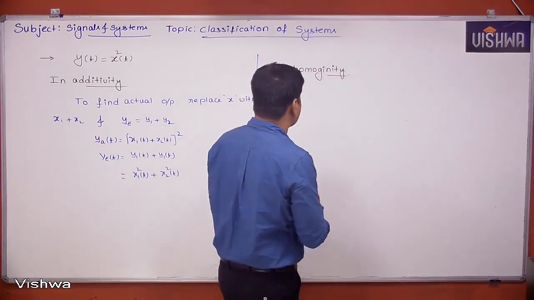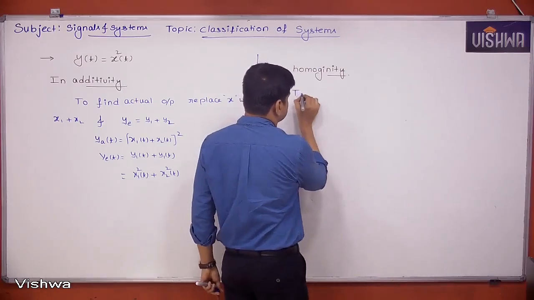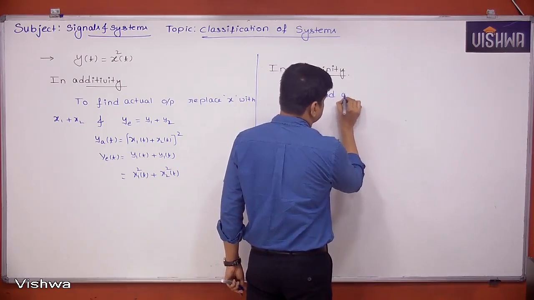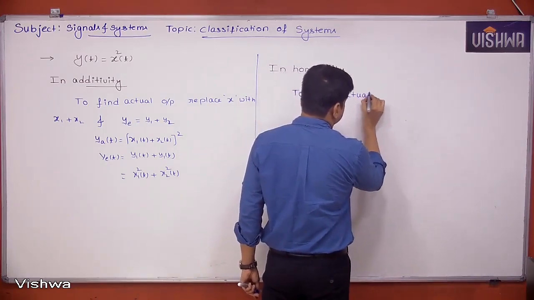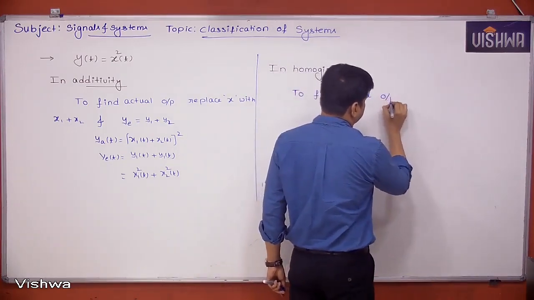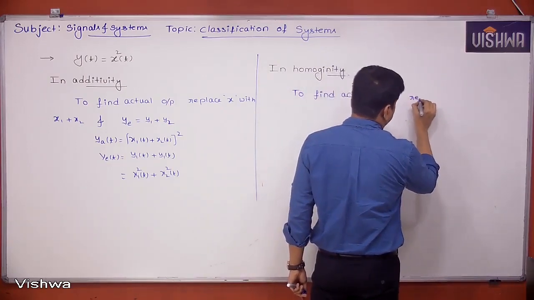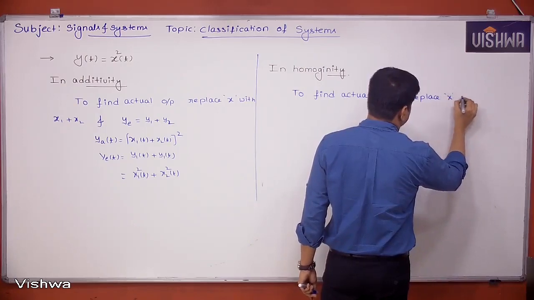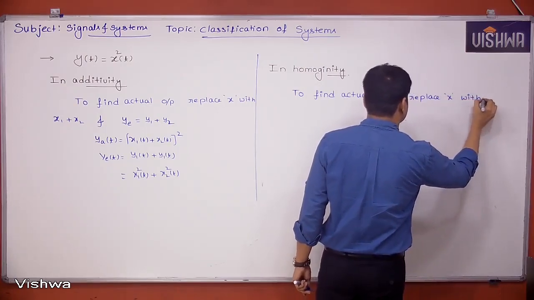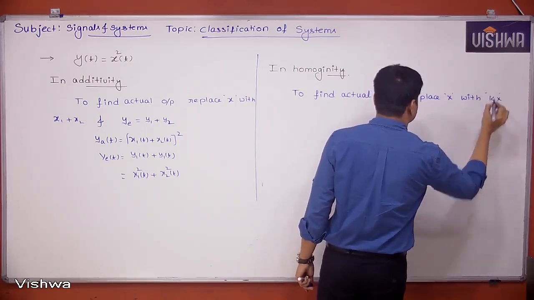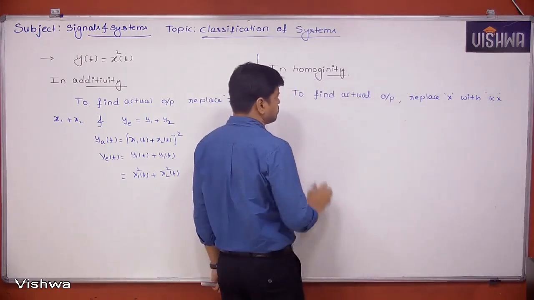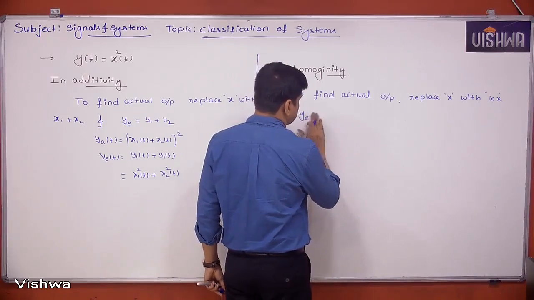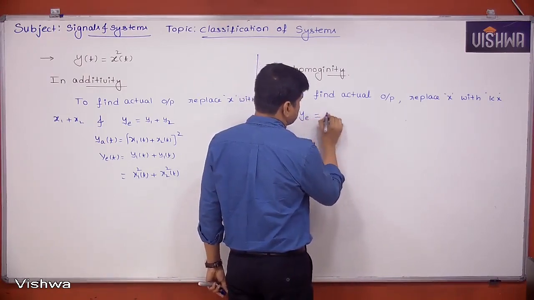To find the actual output, replace x with kx, and the expected output is equal to simply k y.